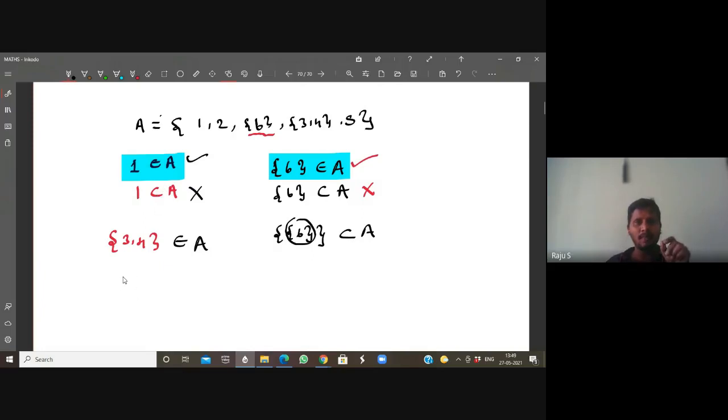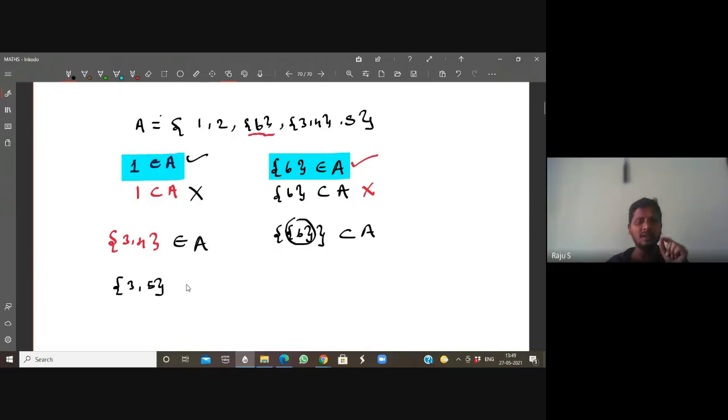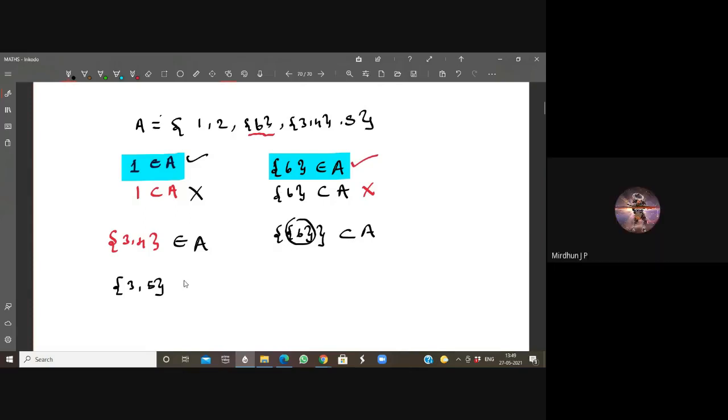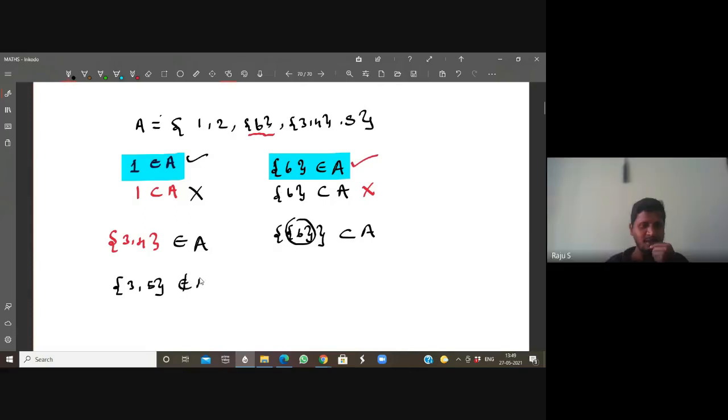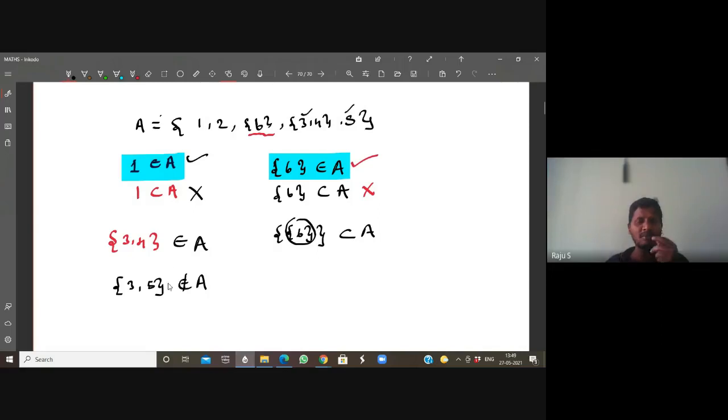Okay, now here, can anyone tell what about this? Does it belong to A or is it a subset of A? It does not belong to A. 3, comma 5 has been written. Is it not belonging to A?